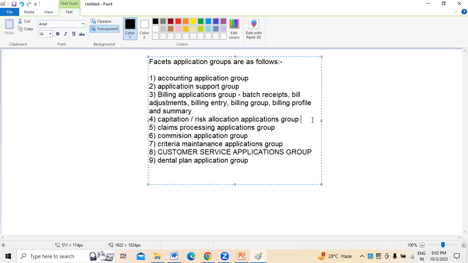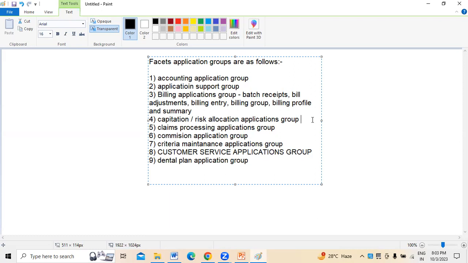After customer service application groups, the next was dental plan applications. Dental plan applications majorly focus on whatever the different dental plans we have. If there is any applicability relating to COB plans, coordination of benefits.